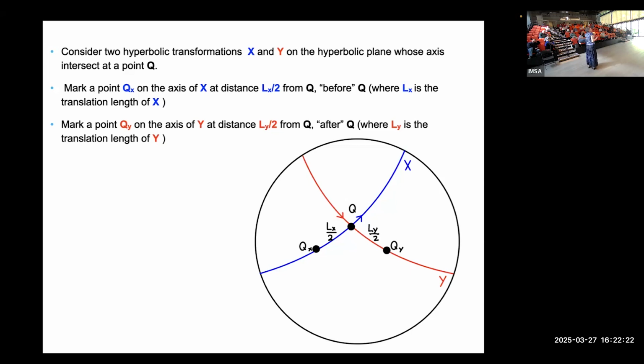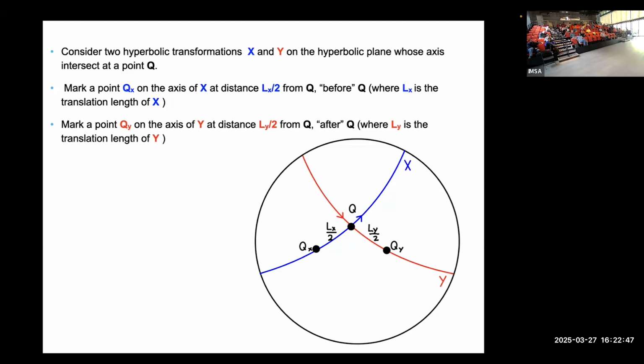So first, this is the Poincaré disk. I have two hyperbolic transformations. One has the blue axis, labeled by X, and the other has the red axis. Their axes intersect, and I want to find the product. Again, the product is also a hyperbolic transformation.